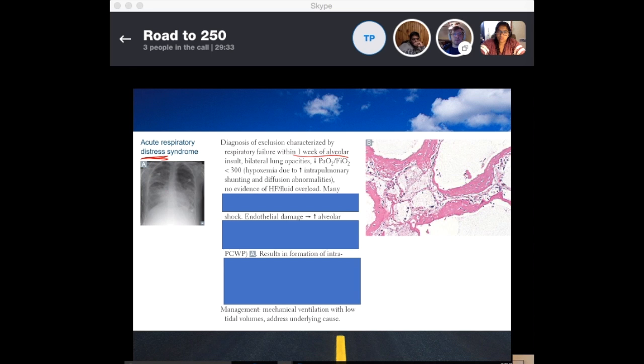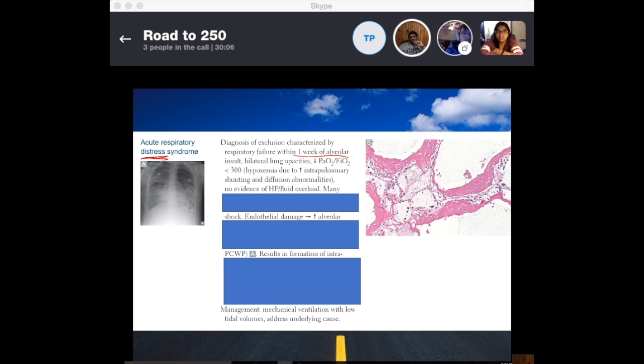So, what are some of the typical presentations of alveolar insult? Pneumonia. Pneumonia, infections in general. Sepsis. Sepsis, yes. Aspirations. I think that might fall into the pneumonias and infections category.